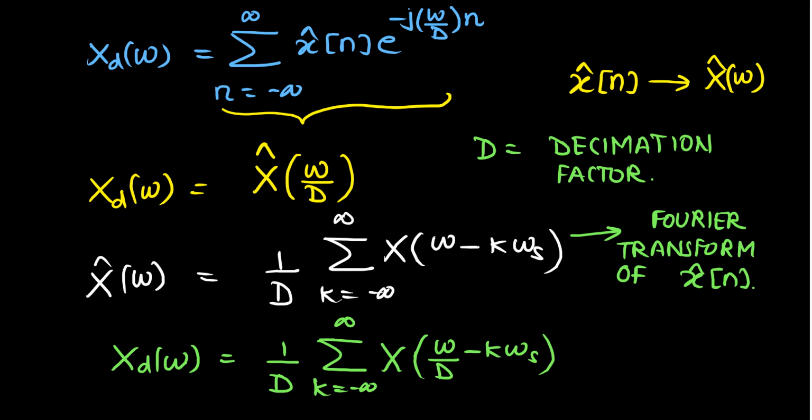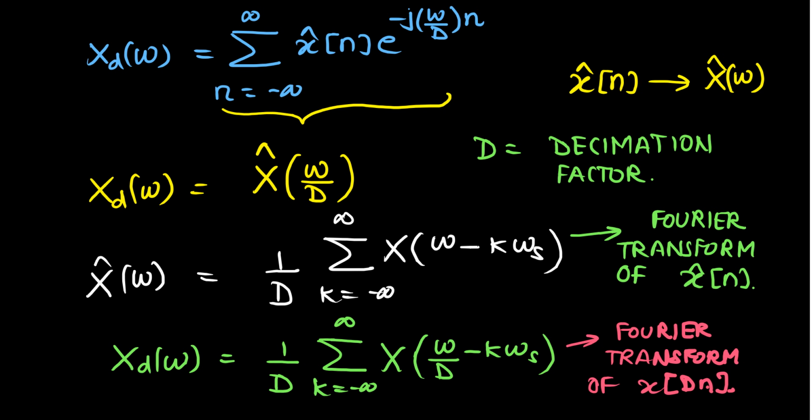So this is what we obtain as the Fourier transform of the decimated signal, or let's say x of dn.